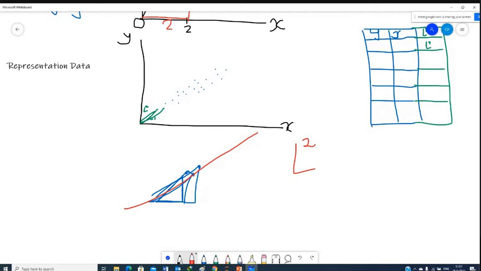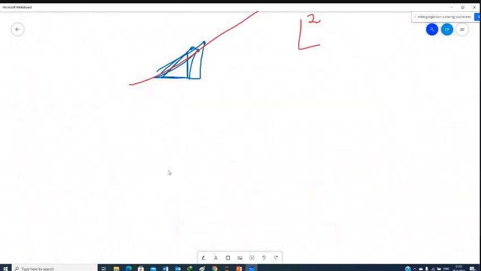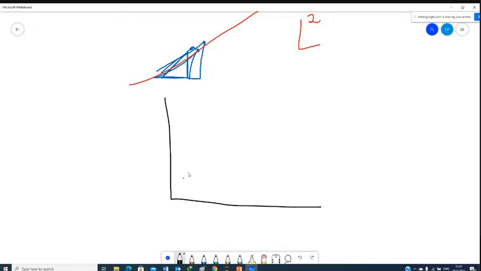And then if we're doing, for example, clustering or classification, we can have, for example, clustering.